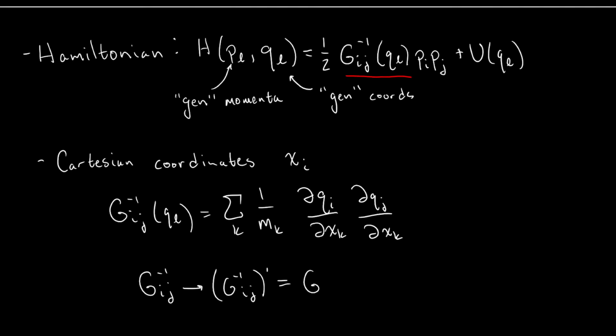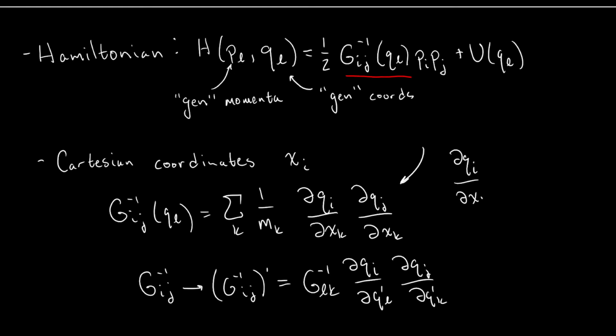I have to remember all of my indices correctly. So this should be dq_i/dq'_l, dq_j/dq'_l. Okay, I believe that's the correct indices. We can get it just by using the chain rule in this first expression, right? dq_i/dx_k is equal to dq'_l/dx_k times dq_i/dq'_l.